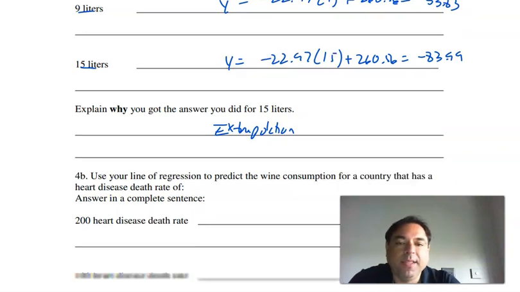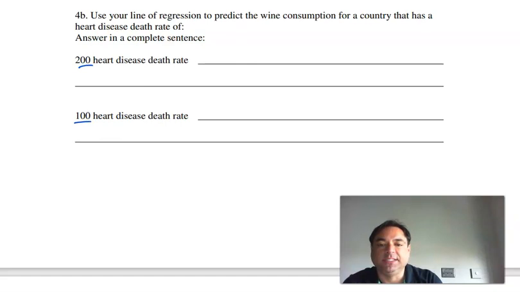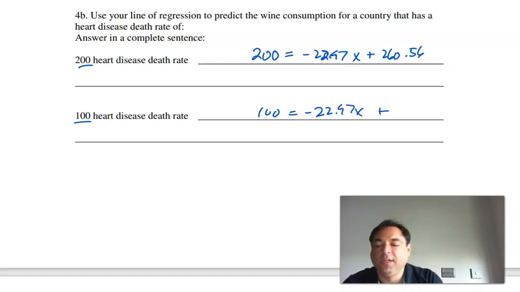Okay? And then for the last two, now we're going to plug in for y, because now we're given the heart disease death rate. So this would be 200 equals negative 22.97x plus 260.56, and 100 equals negative 22.97x plus 260.56.